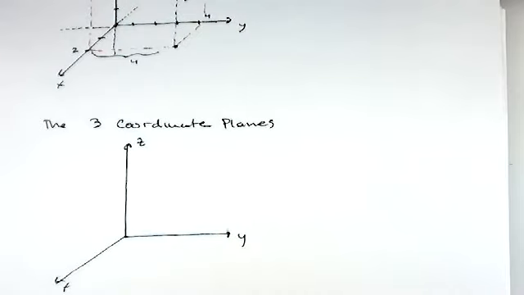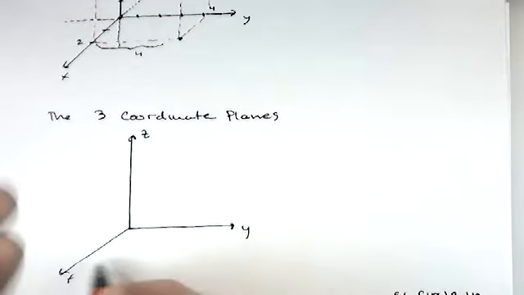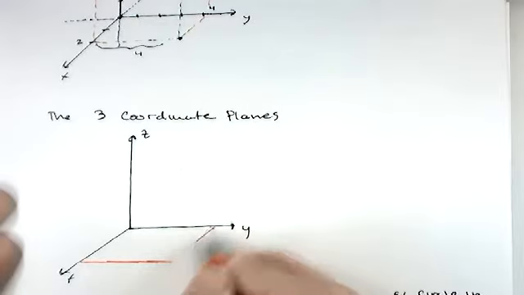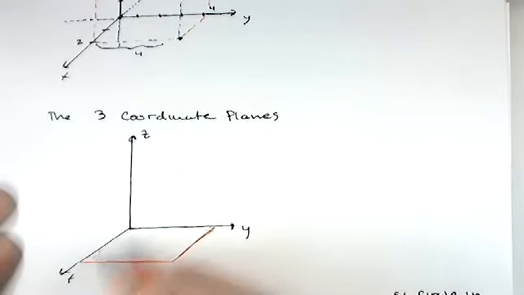Like the table you're writing on is a plane. A plane, just like a line, goes in all directions indefinitely. But usually if someone wants to denote a plane, they might draw a rectangle. That's part of a flat surface here.